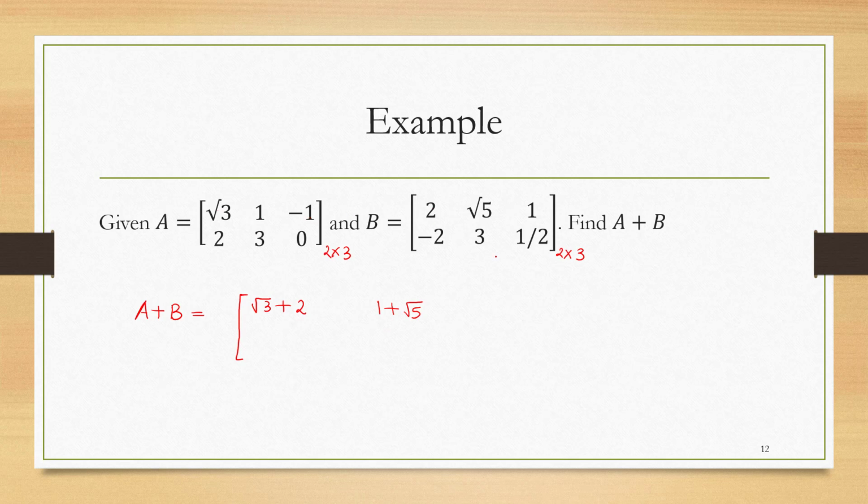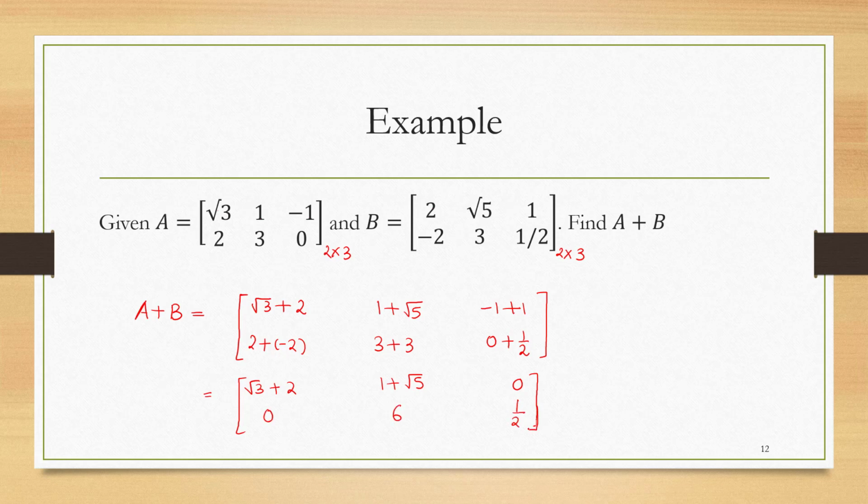Similarly, 1 3 entry minus 1 plus 1. 2 plus minus 2. 3 plus 3. And 0 plus 1 by 2. Or this is root 3 plus 2, 1 plus root 5, 0, 0, 6 and 1 by 2. Simple.